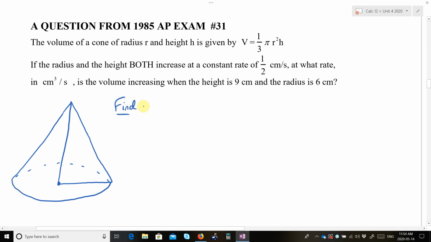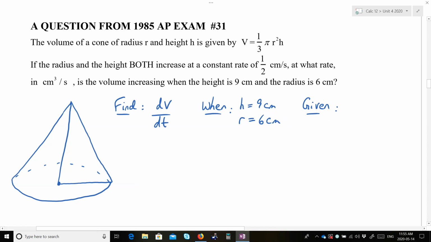So we'll do our find and given things. They say at what rate is the volume increasing? Okay, so we want to find the change in volume with respect to time when the height is 9 centimeters. So at the instant that we hit 9 centimeters, and at that same instant, the radius hits 6 centimeters.